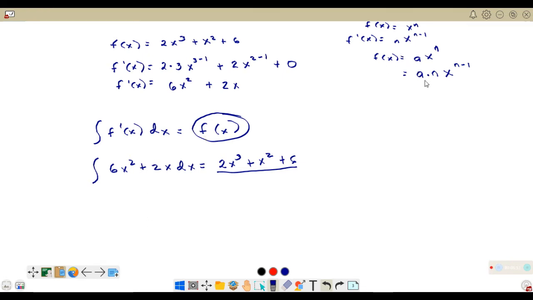We said earlier that we were multiplying, right? This time, we're going to proceed with division.